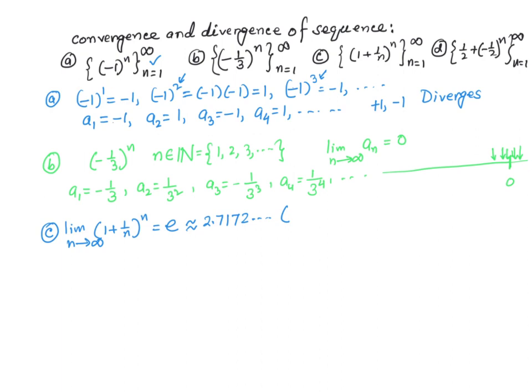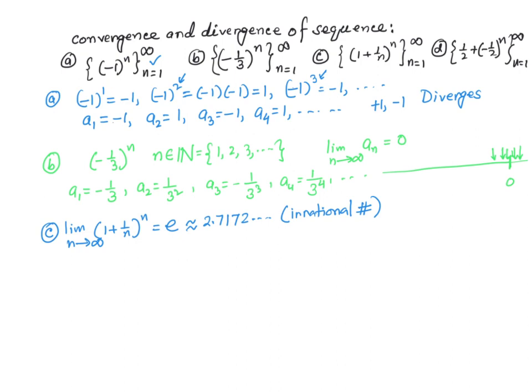It's an irrational number. A number is irrational if it cannot be expressed as a ratio of two integers. That's where the irrational comes from. The opposite of rational is irrational. Rational means you can express it as a ratio of two integers.